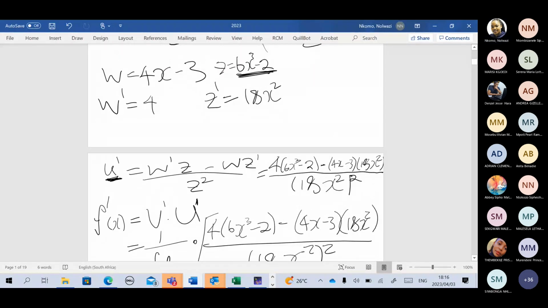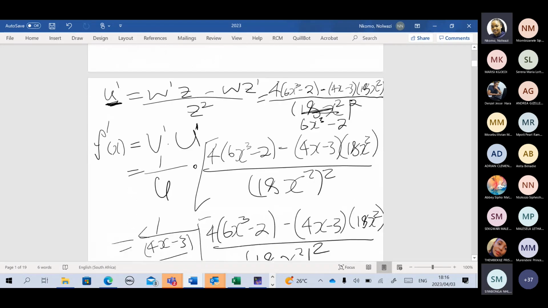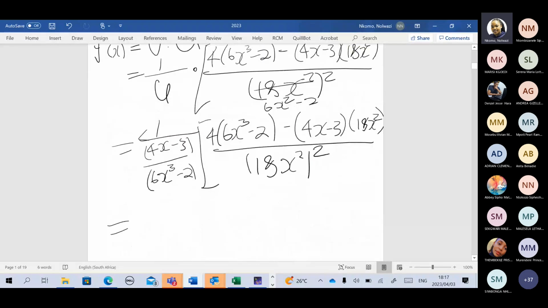Here we have 6x cubed minus 2. Thank you. Over 6x cubed minus 2, everything squared. Again, 6x cubed minus 2 all squared.